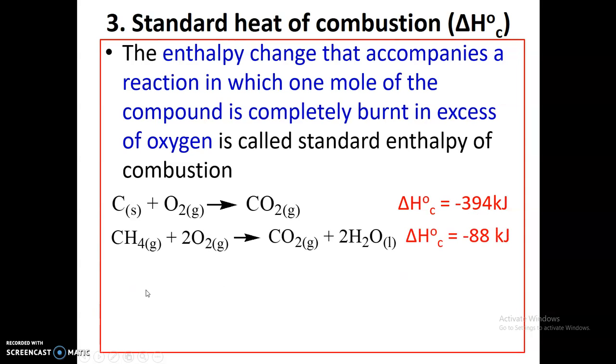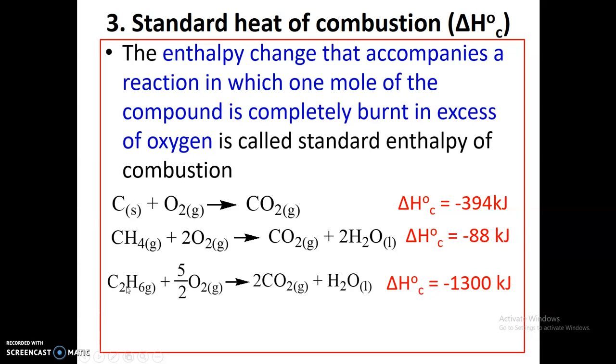Another example: when 1 mole of methane is completely burnt in excess of oxygen to get carbon dioxide and water, the heat evolved is minus 88 kilojoule, and therefore the standard heat of combustion of 1 mole of methane is minus 88 kilojoule.